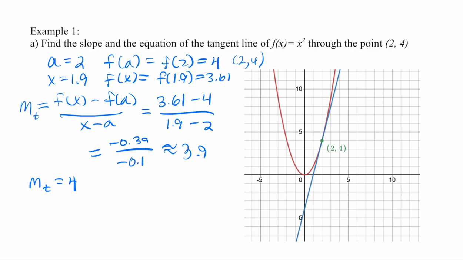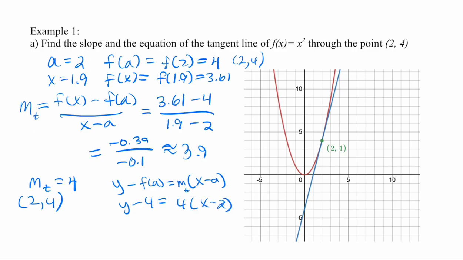So remember, y minus f of a equals m times x minus a. That's just y minus y1 equals m times x minus x1. Our point is 2, 4. Our slope is 4. Don't do anything funky. It is what we always knew it was. So it's going to be y minus 4 equals 4 times the quantity of x minus 2.